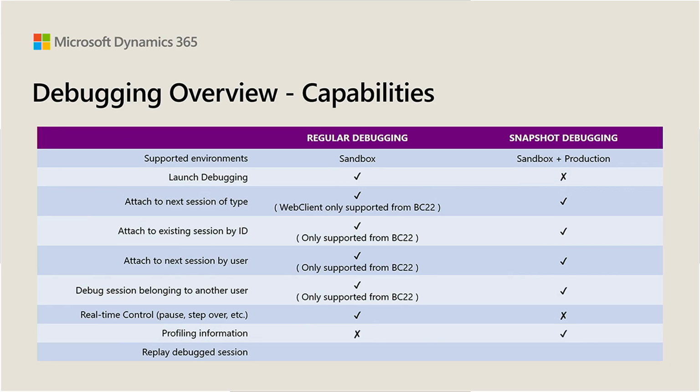Profiling information, so if you want to see the performance profiling information, this is only supported in snapshot debugging. And then replaying the debug session, so being able to replay that scenario all over again through the snapshot file, that's only with snapshot debugging.